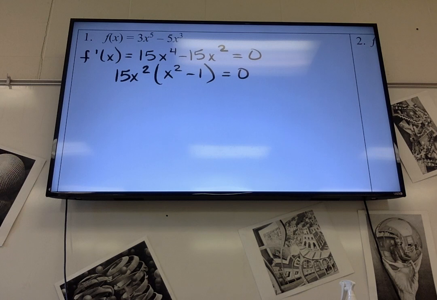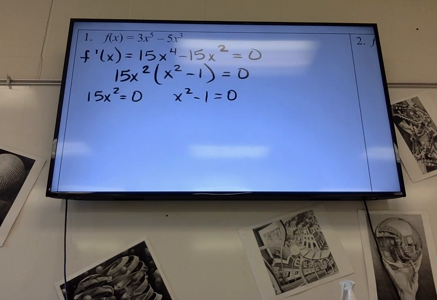How do we solve something that's set equal to 0 when you've factored? You split it. Both factors are set equal to 0.